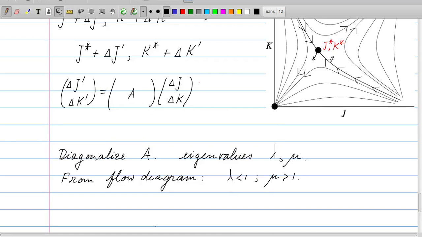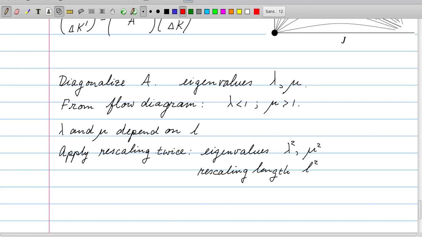So lambda corresponds to the fixed line, and mu corresponds to a direction independent, perhaps perpendicular to the fixed line.